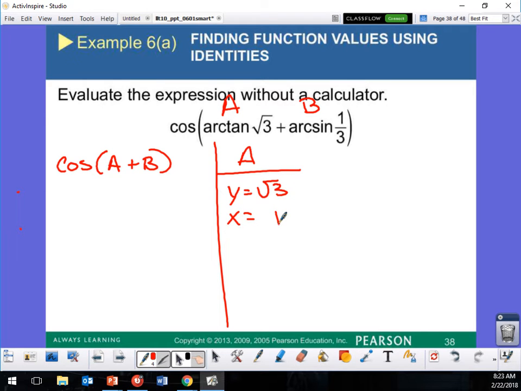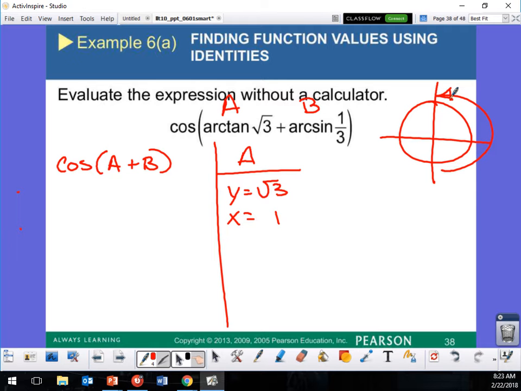Okay. So using that information, remember the restrictions on my unit circle for tangent are here to here. For tangent to be a positive number like this one is here, which of these two quadrants is tangent positive?